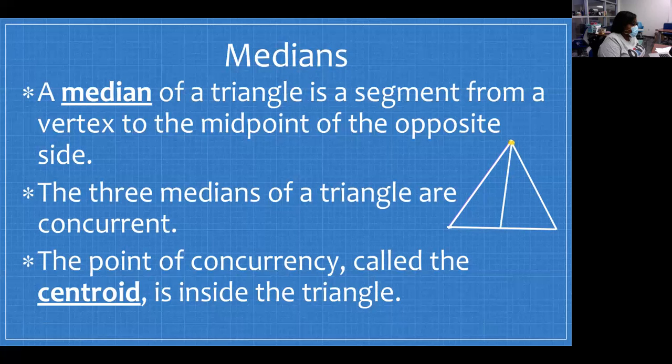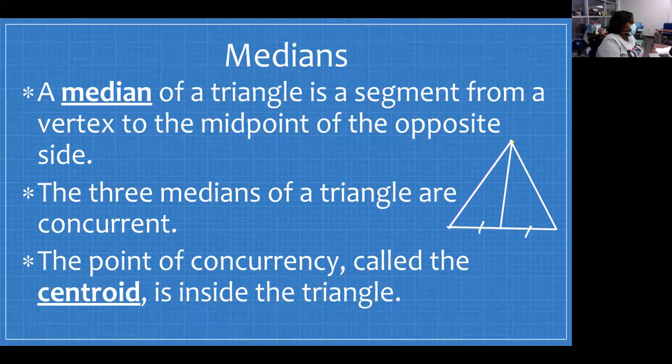So it's starting here, and then it's going down, down, down, okay? And that's important when we get to the centroid theorem to know that it starts at the vertex, okay? And then the median starts at the vertex and then it goes to the midpoint. So these two sides would be congruent because it goes to the midpoint, okay?